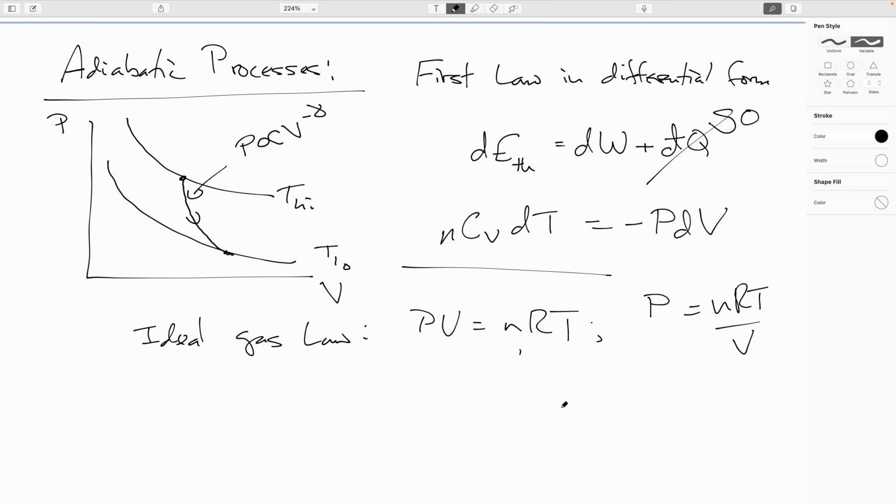All right. So with that for P, I can put that into here.